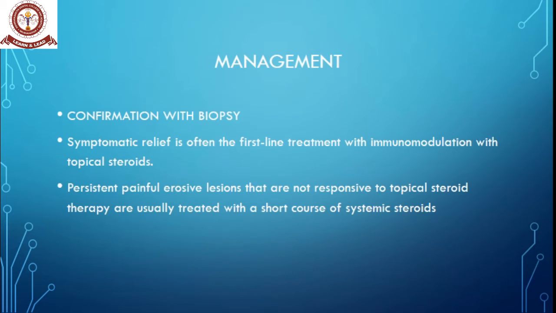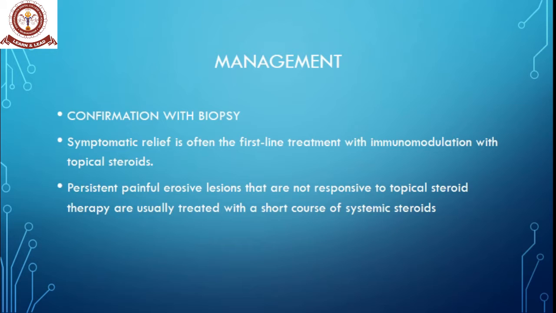The management includes, first, we should confirm the diagnosis with a biopsy, because plaque-like, bulla and ulcer presentations can all be something else also. So first we have to confirm with the biopsy. When we get the result of oral lichen planus, then the first line of management is symptomatic relief.